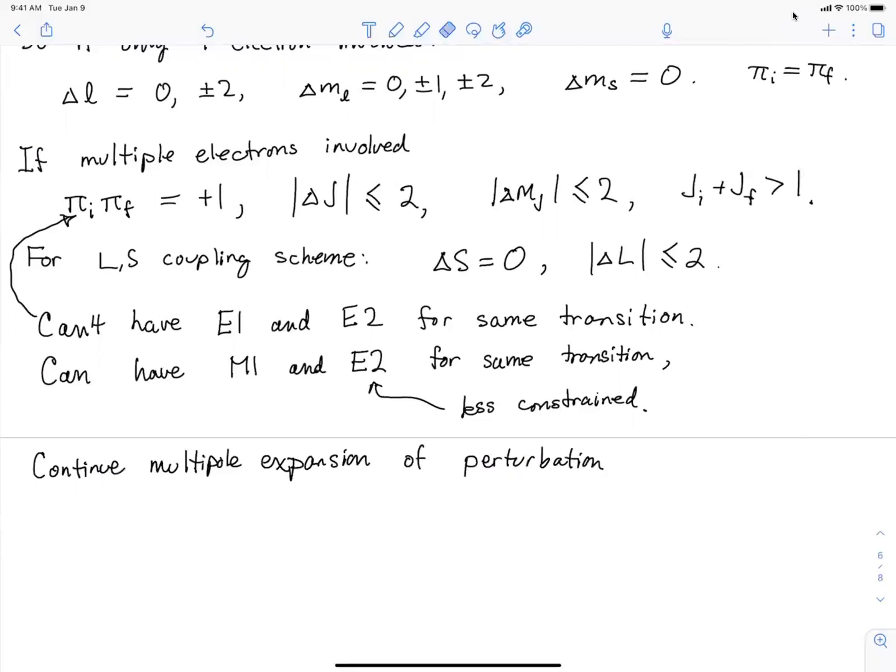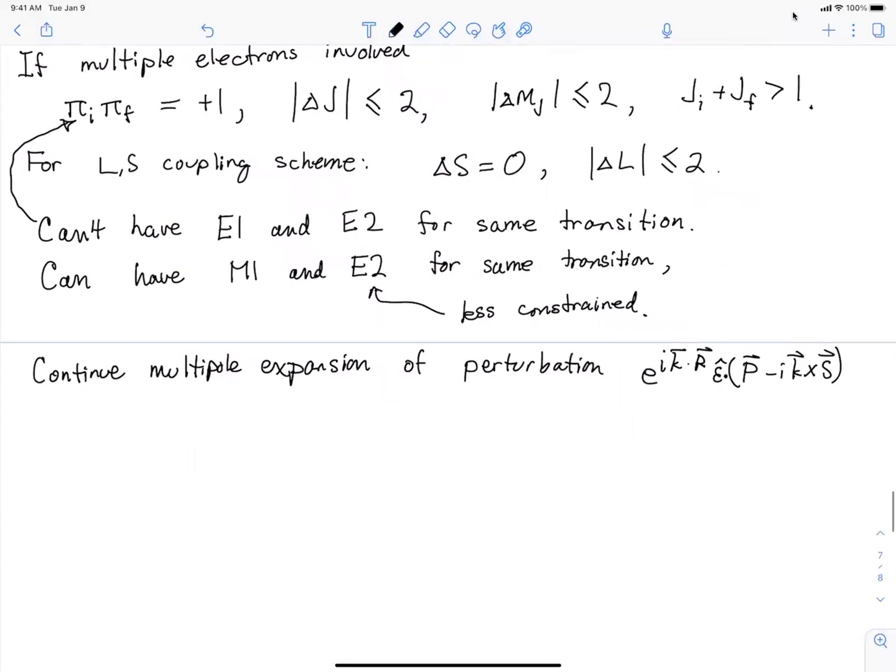Remember, our perturbation looks like this. It's e to the i k dot r, polarization vector dotted into momentum minus i k cross s. And so you're just expanding that in small k. And we're not going to do the expansion, but we'll at least say what the names of the things you get are.